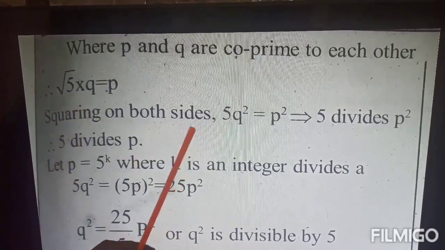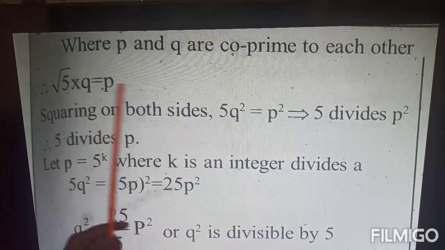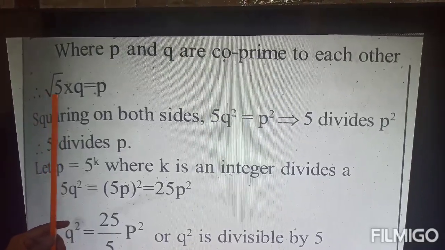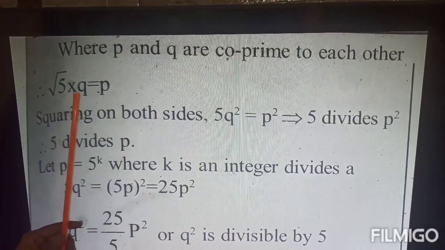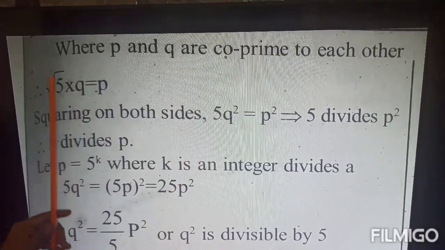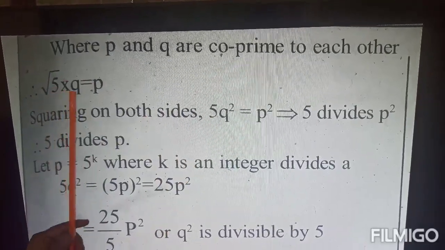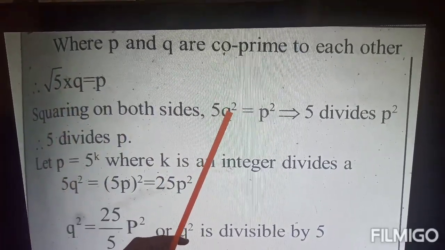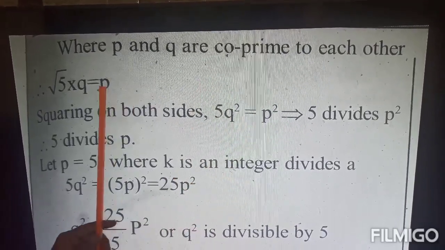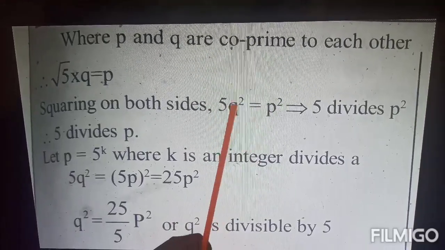Squaring on both sides. This root goes by making the square. It becomes only 5 and q square. By squaring this whole part, the root goes and it becomes 5 q square. Right side by making square becomes p square.